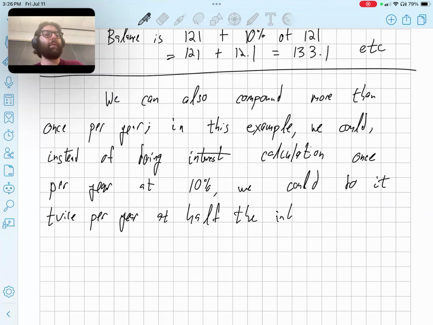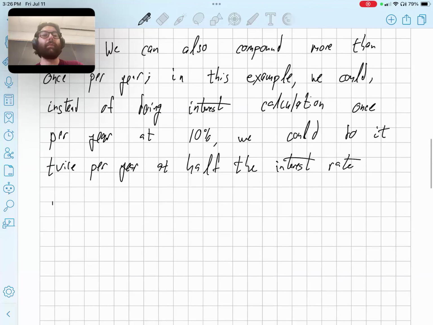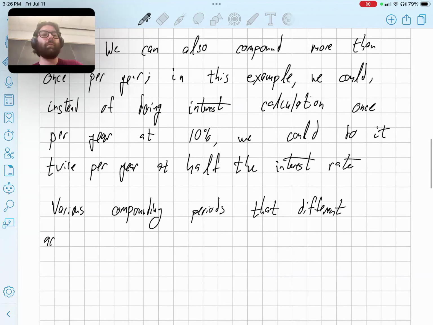So at half the interest rate. That would be twice per year, every 6 months. And there are various compounding periods that different accounts or loans offer. So you could compound once a month, once a day, once every 3 months, once every 6 months, once every year. These are the most common.